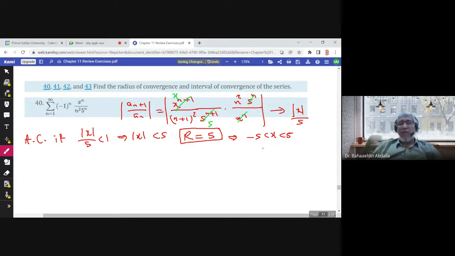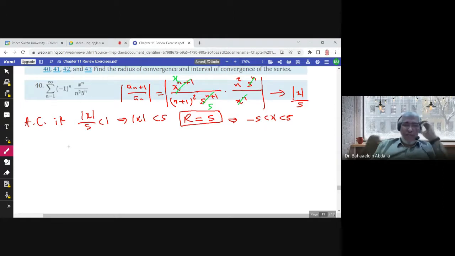This is the interval of convergence, but I have to check the two special cases when x is 5 and -5. Let me start with -5. So I replace x by -5.